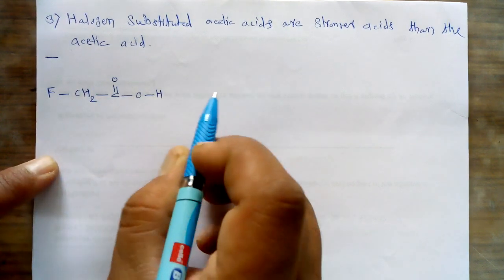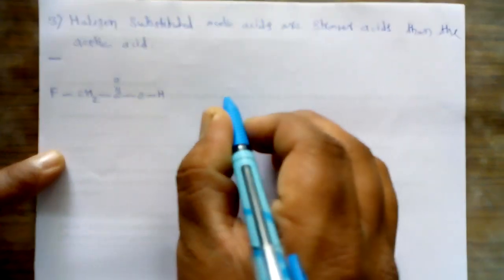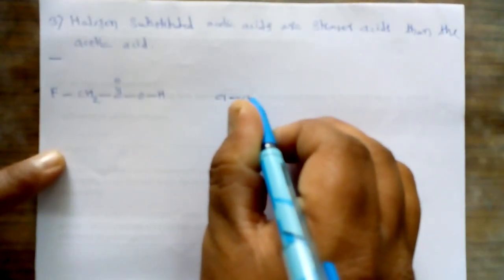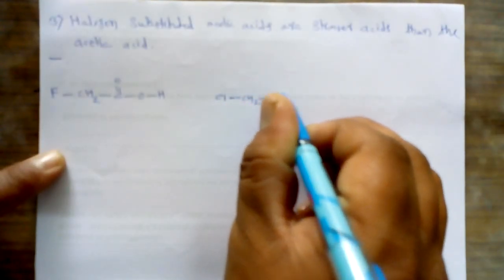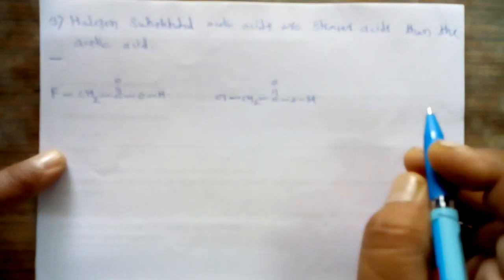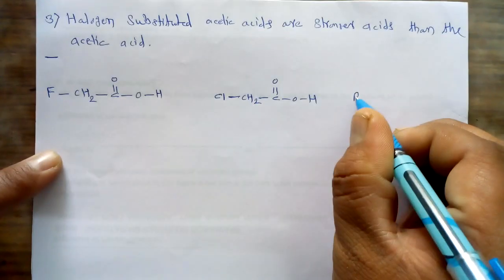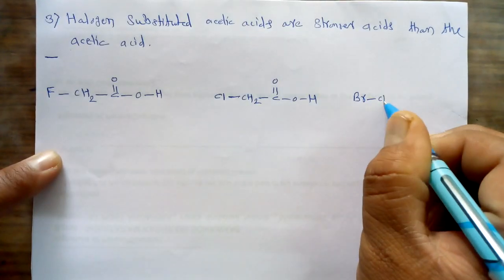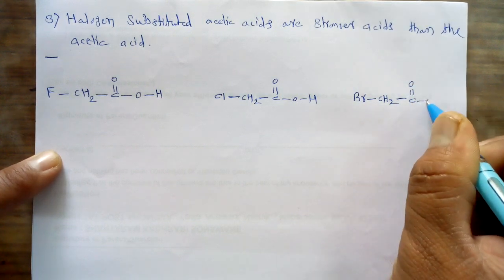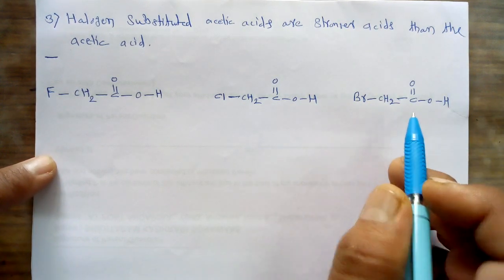Second is Cl single bond CH2 single bond C double bond O single bond OH. The third example is bromine single bond CH2 single bond C double bond O single bond OH, called bromoacetic acid.